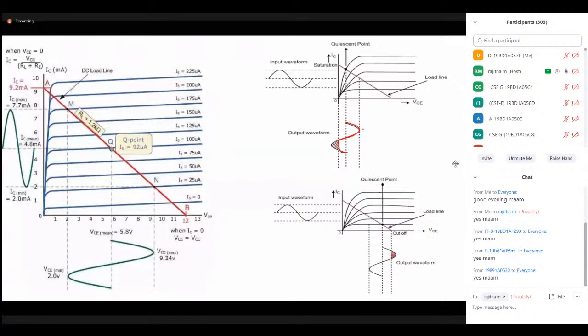So it is distorted. For a faithful amplification, if my input is sinusoidal, I have to get a sinusoidal output. Whereas here, this part we are not getting at the output, so we get a clipped output.